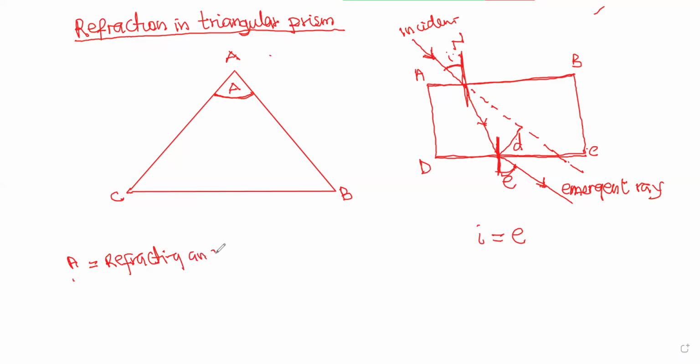Or other books describe that as angle of prism. And then triangular prism has two refracting planes. There are two refracting planes, AC and AB.